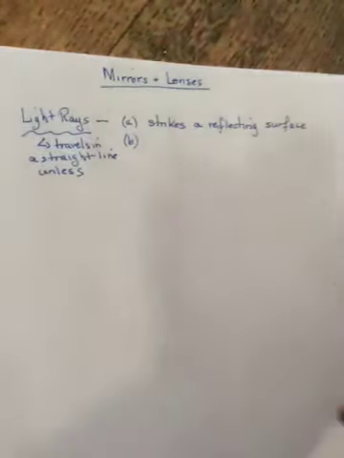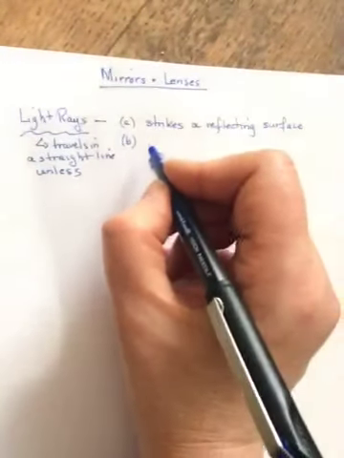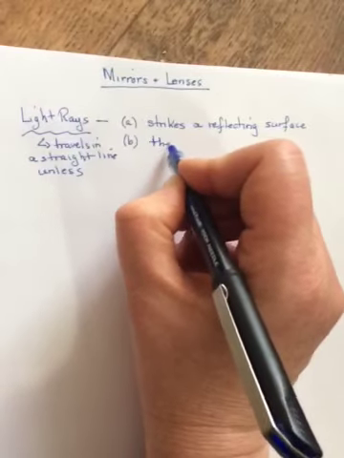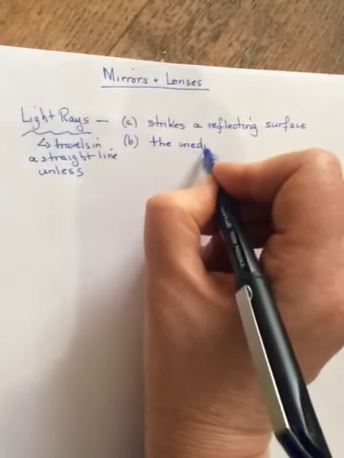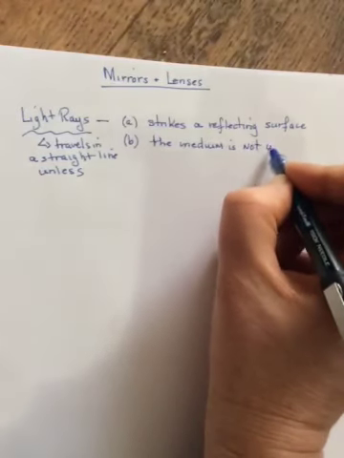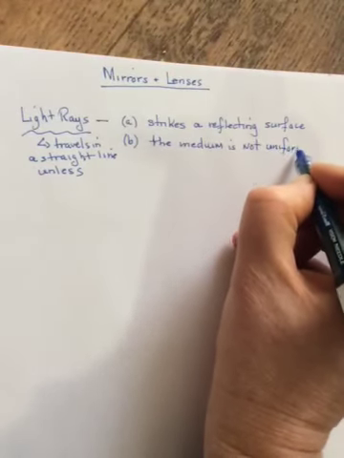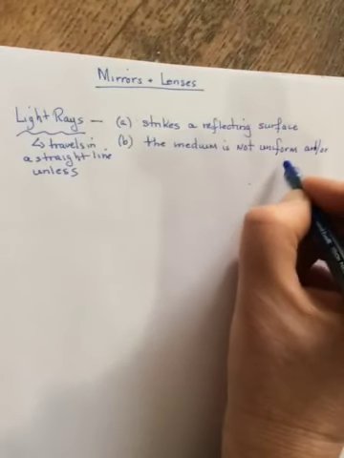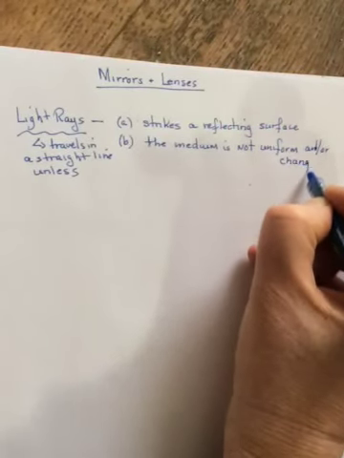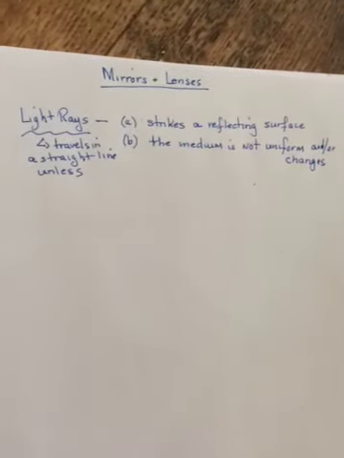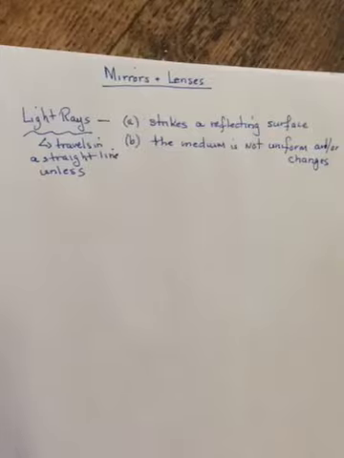Unless it strikes a reflecting surface, and unless the medium is not uniform and/or changes. And what I mean by that is like if light goes from air into water.